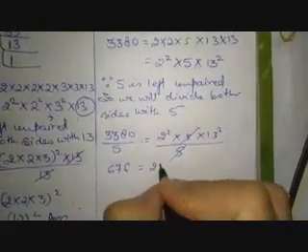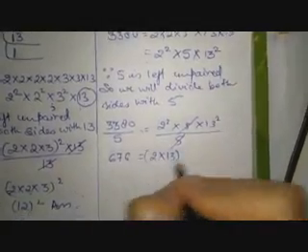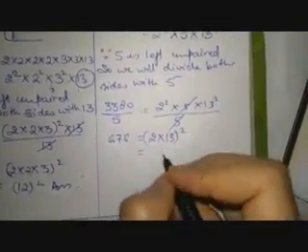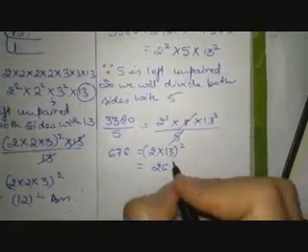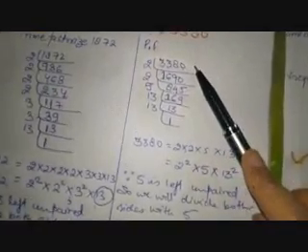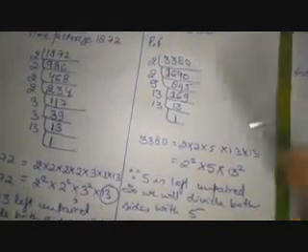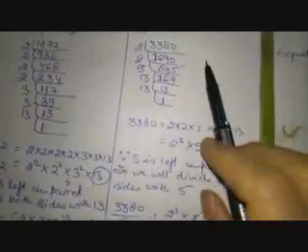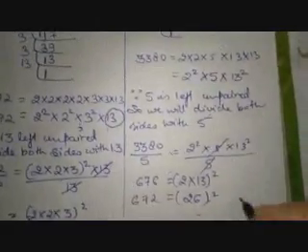So it is 2 into 13 square. 13 twos are 26, 676. So the smallest number by which this number should be divided in order to get a perfect square is 5, whereas the perfect square will be 26. This is your answer.